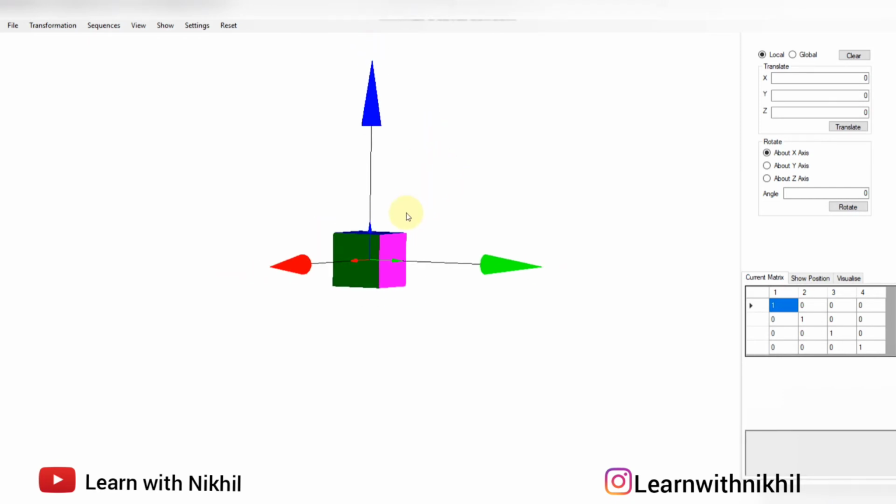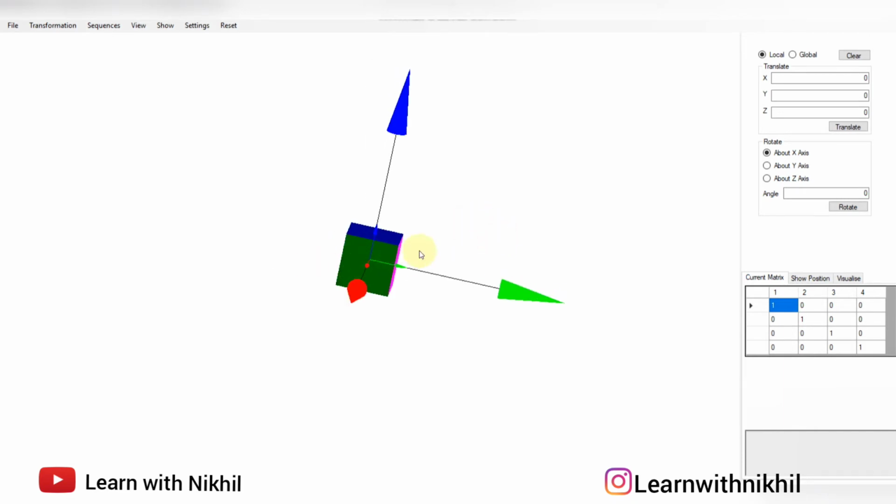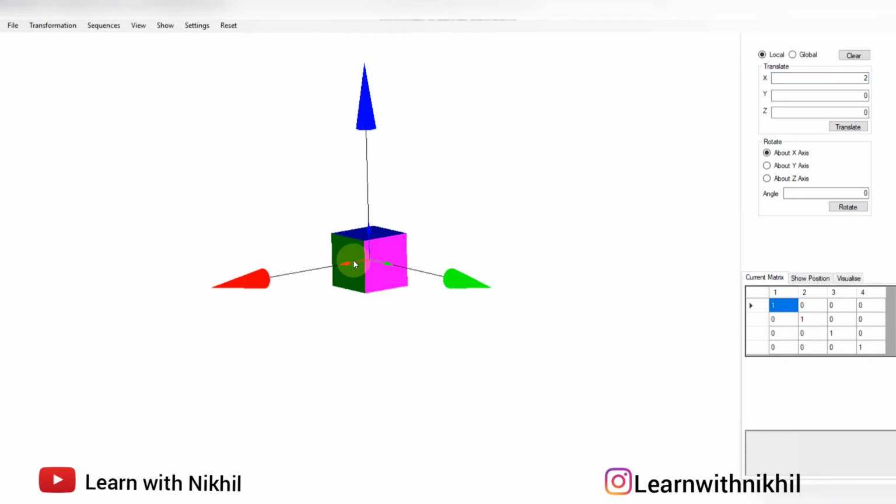So as we discussed earlier, this is the center point of the cube. Now we have to move along X direction. So here I'll give some value, maybe 2. So this will move along X 2 units. So I'll click on translate. So as you can see, this has moved along x axis, that is 2 units. I'll make this 0, I'll make this 2.